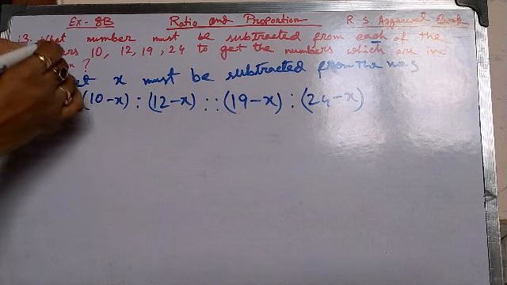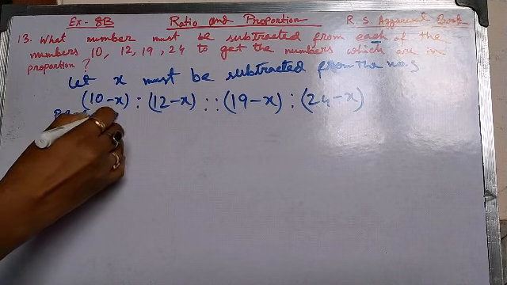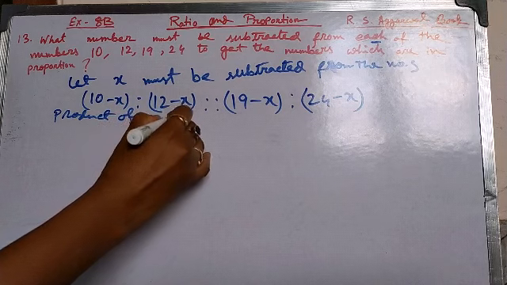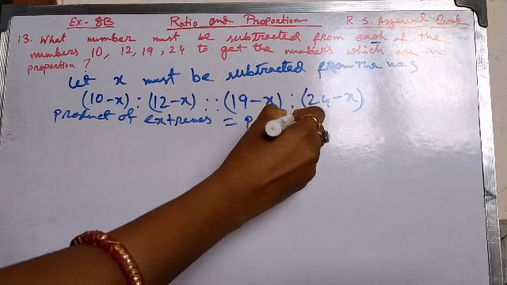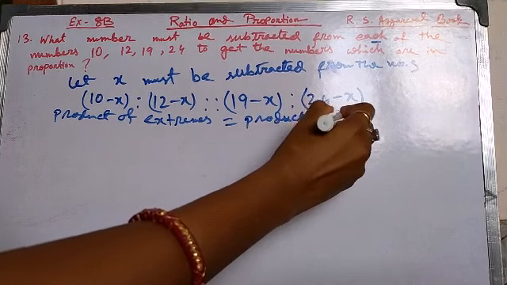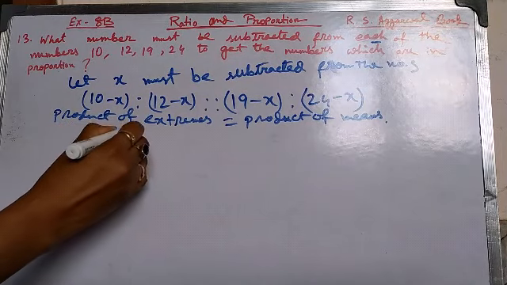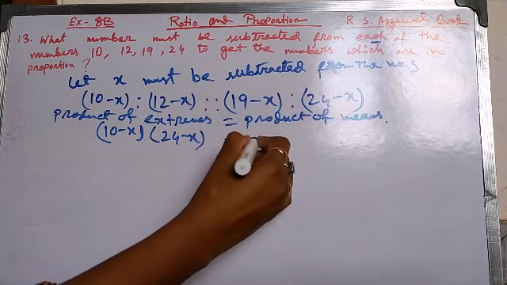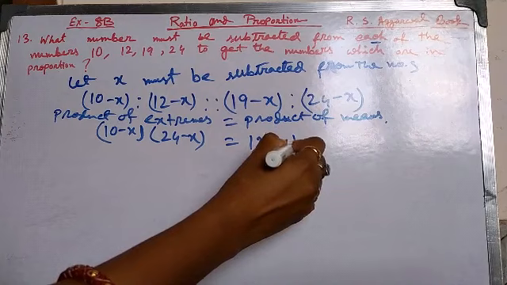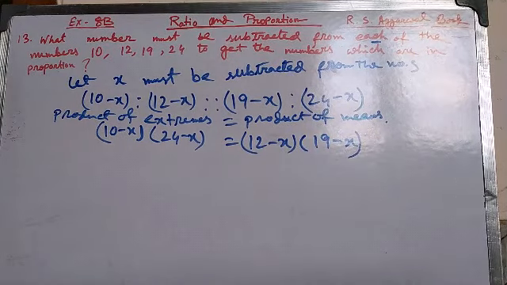Then same process, product of extremes equal to product of means. 10 minus x into 24 minus x equal to 12 minus x into 19 minus x. Then it should be calculated.